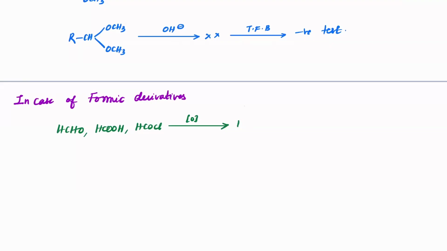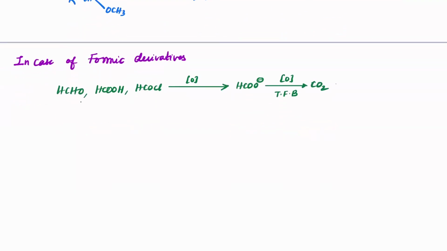In this case, first, for example, this will convert into HCOO minus, and this HCOO minus will get further oxidized to convert into CO2. So in the presence of Tollens, Fehling's or Benedict solution, this will oxidize into CO2. So all of them will give positive tests. These all three will give positive Tollens, Fehling's and Benedict test.